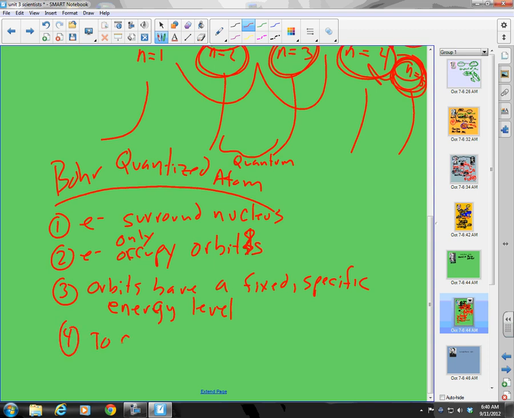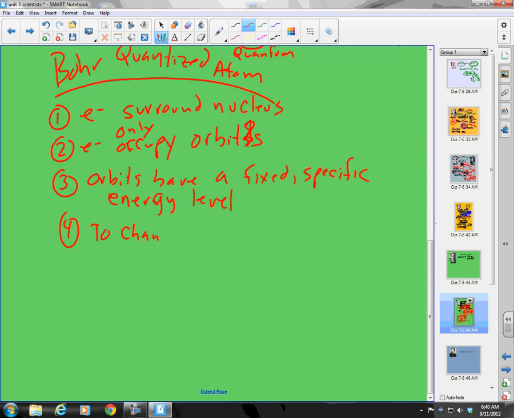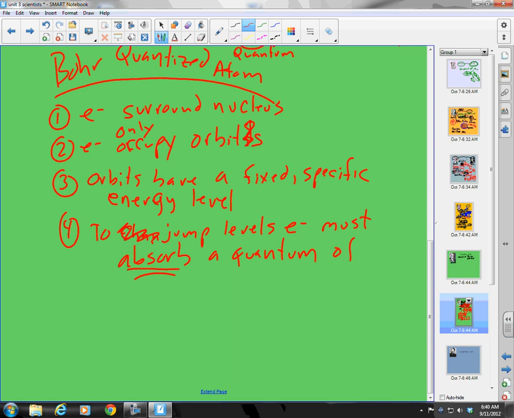To change levels, let's be more specific. To jump levels, an electron must do what? Absorb a quantum, quantum is singular, a quantum of energy. And here he's using Planck's ideas, right?